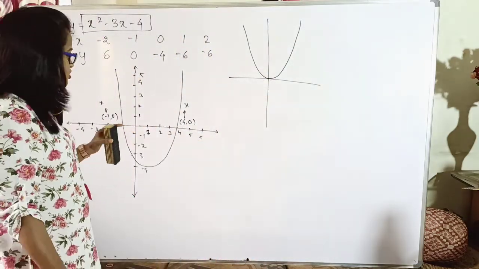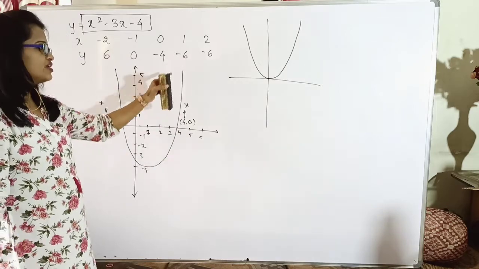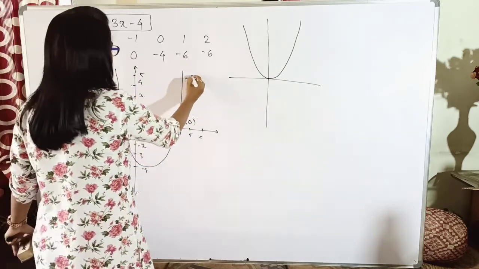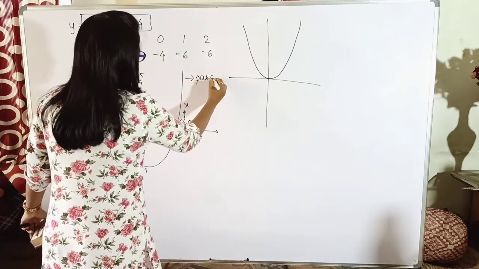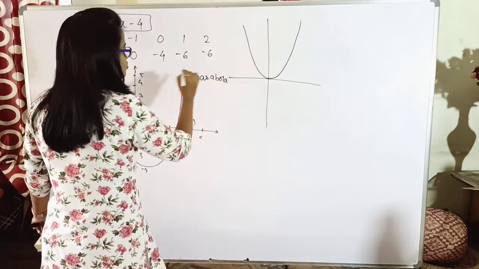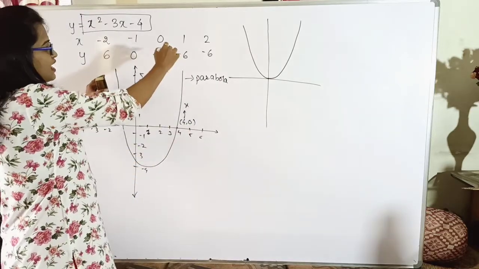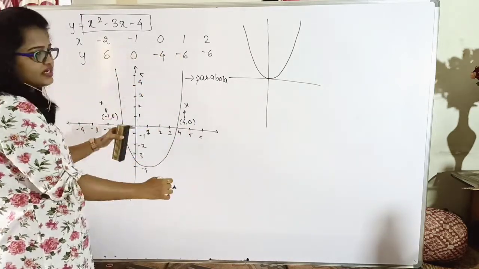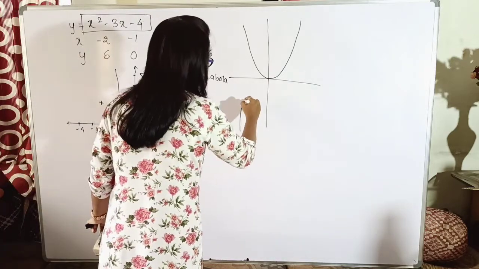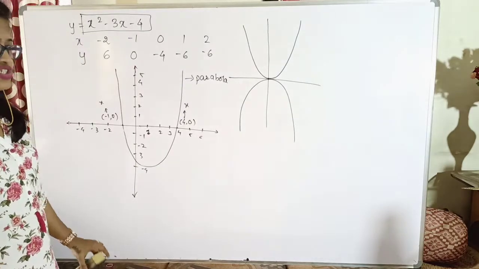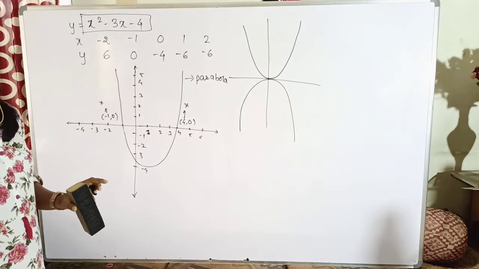One thing is for sure, that the graph of the quadratic polynomial will always be of this shape, and the shape of this is called a parabola. Okay, so graph of quadratic equation will always be a parabola. Either it will be opening upwards or it will be opening downwards, like this. It could be of any direction, but the graph will always be a parabola.